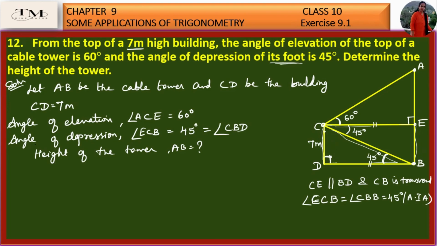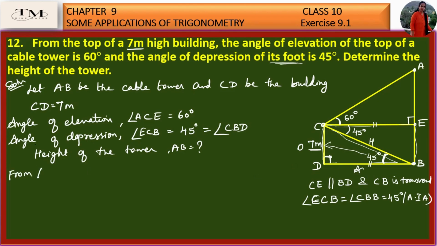So let us take the first triangle, CDB. If we use this triangle, we have here 7 meter. Now opposite to 45 degree is CD. So this is the opposite side, and opposite the 90 degree is the hypotenuse. So BC is the hypotenuse and DB is adjacent.